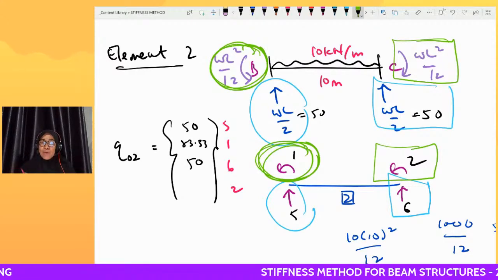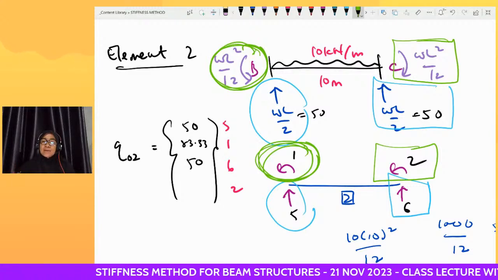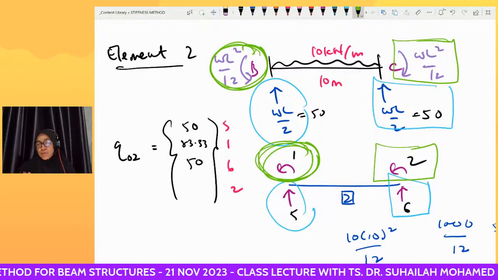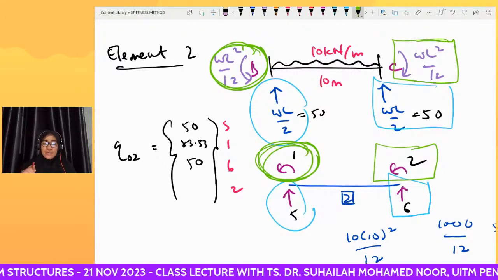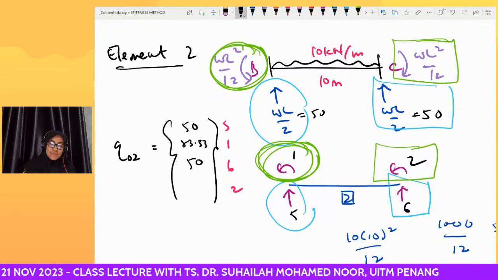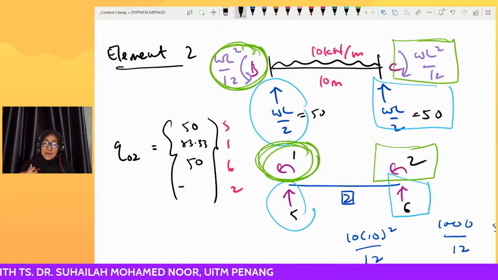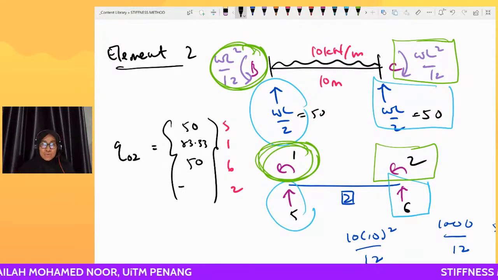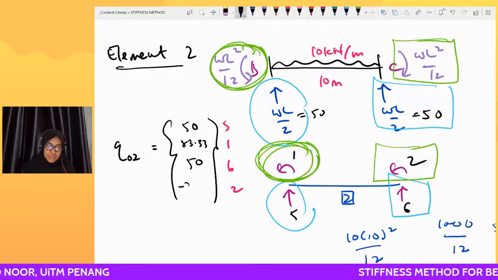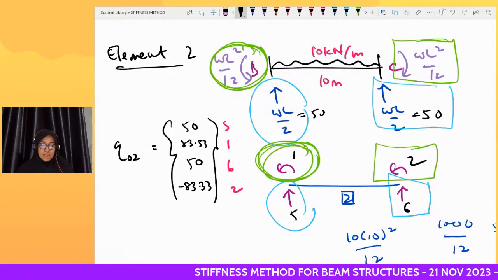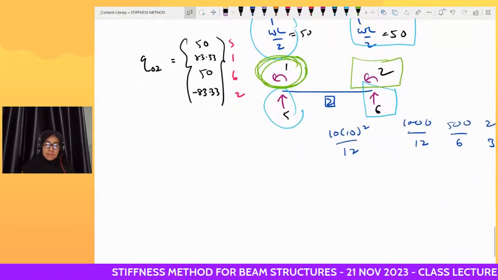So it is WL squared over 12, 83.33, and the sign is negative. These two are opposite, so we have to put a negative, like this.